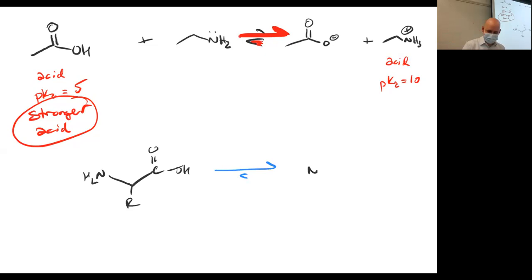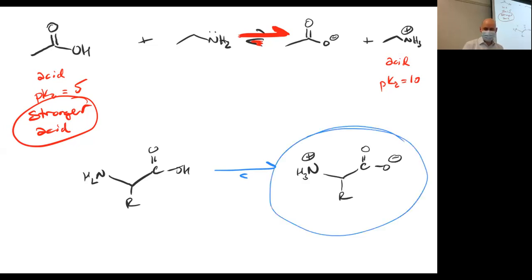Instead, they prefer to, in solution, where they can react with each other, or with another amino acid, exist like this. And your equilibria prefers to be a carboxylate and an N+ at the same time, as opposed to a neutral species, which is what we would probably expect or want them to be.